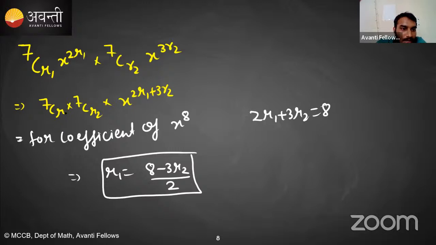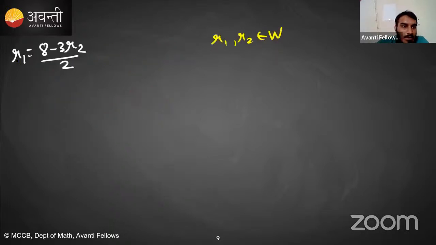So r1 and r2 have to be whole numbers, and r1 and r2 have to be between 0 and 7 also. And for this to be a whole number, 8 minus 3r2 should be divisible by 2. Right? So if I look at r2, I can directly say which values are okay for r2.